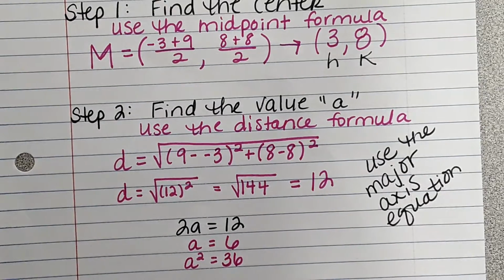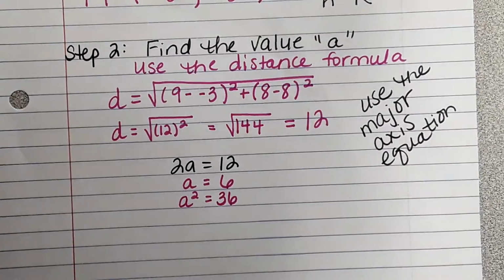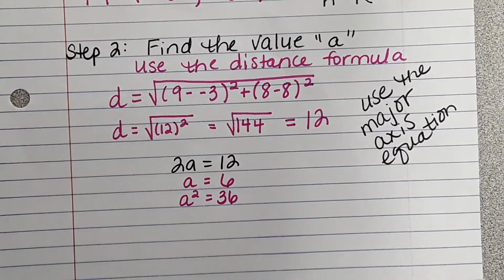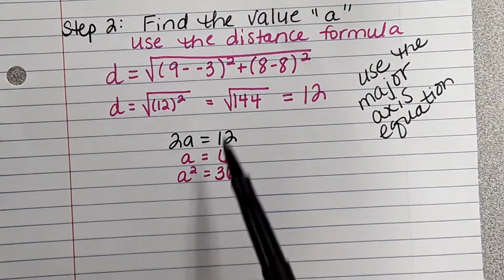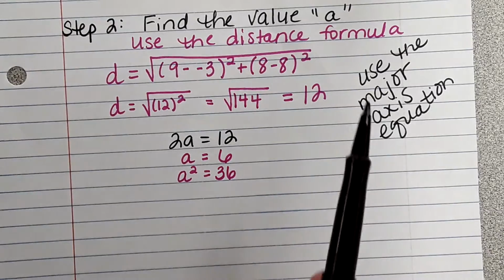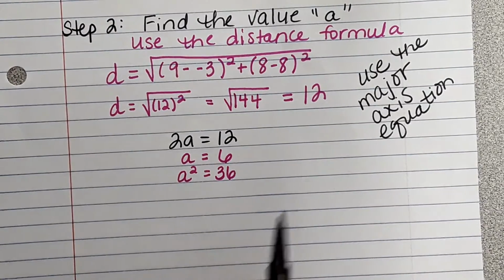The reason we converted it to a squared is because that's what we need in our equation. Again, we know that this is a because we used our vertices. Right now I can't tell you if it is horizontal or vertical. We'll know that once we find b.